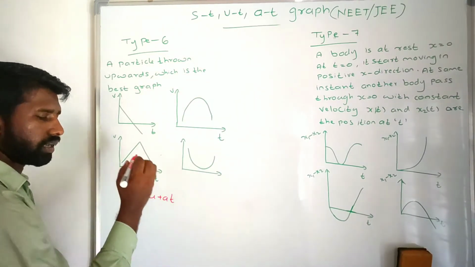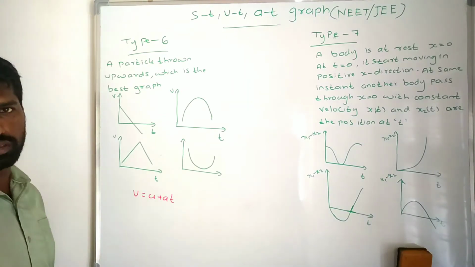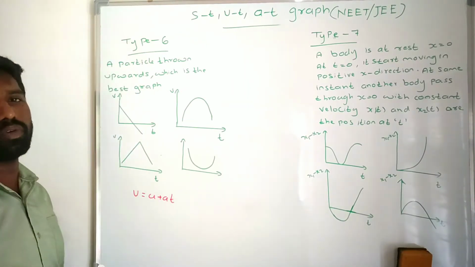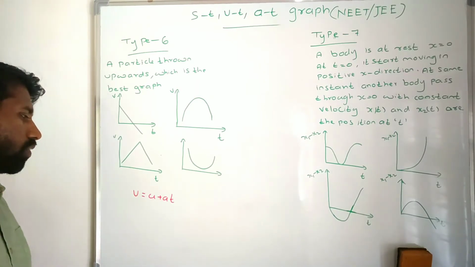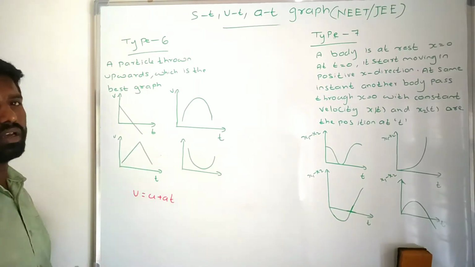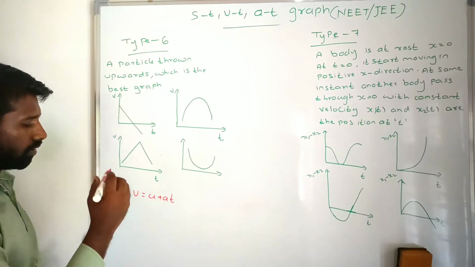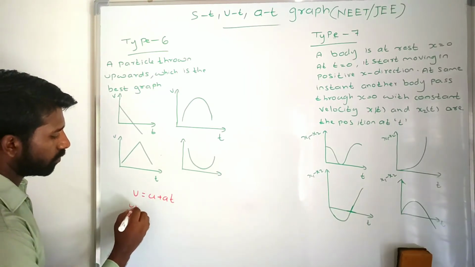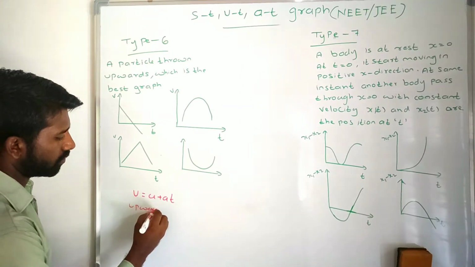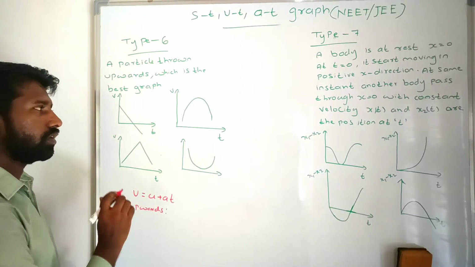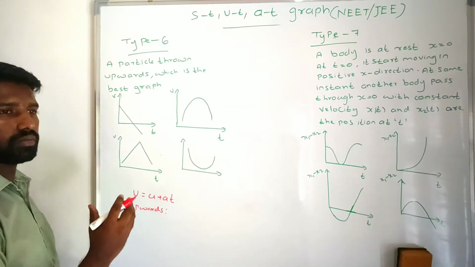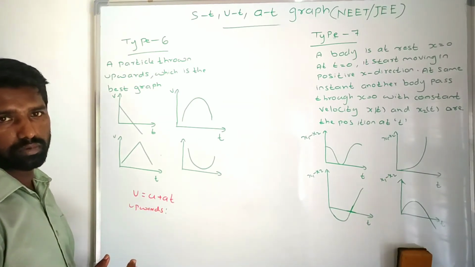Acceleration is constant, so it is uniformly accelerated motion, and the graph is a straight line. When the body is moving upwards, initially the velocity is maximum.